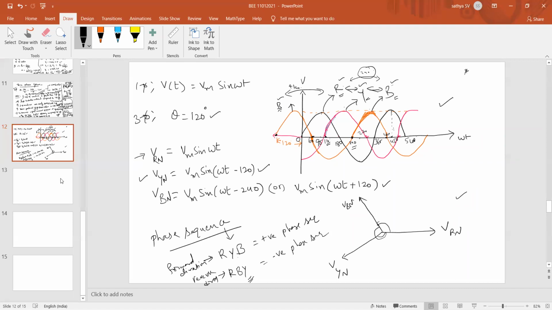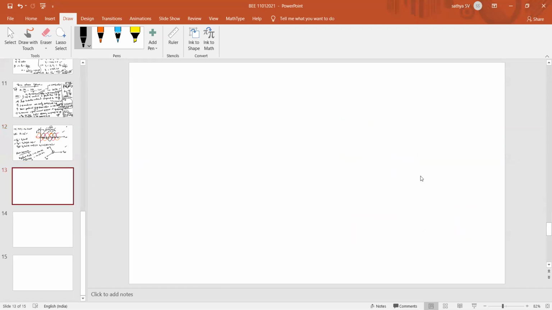Right, good. Now we will get the resultant vectors. Let us keep the side heading as star connection.